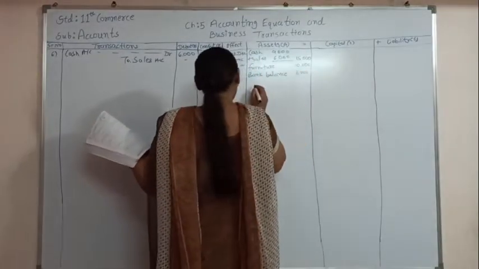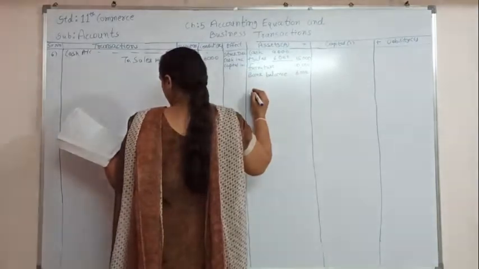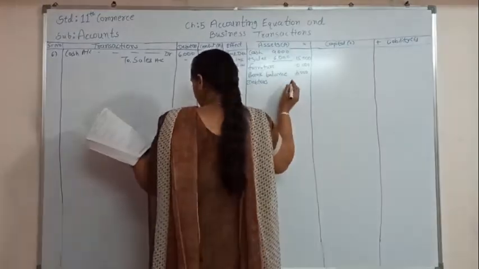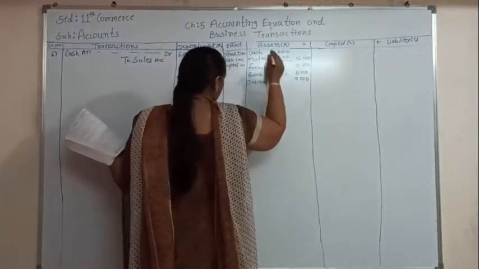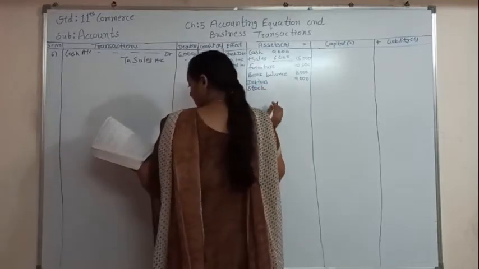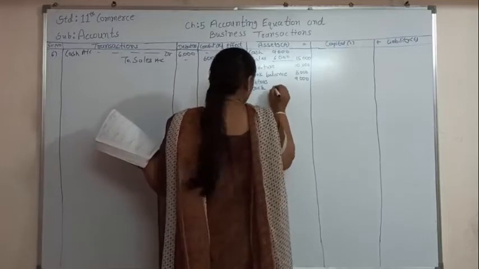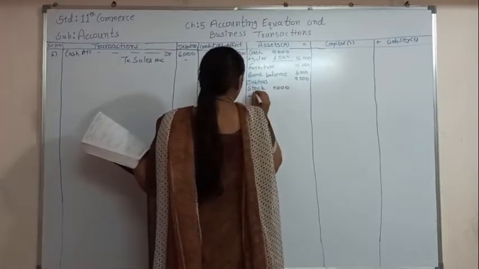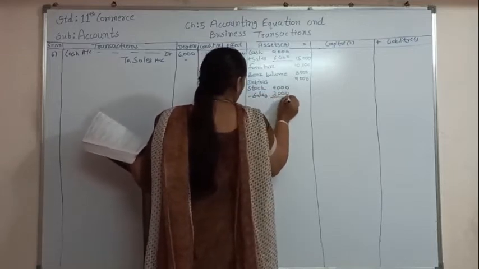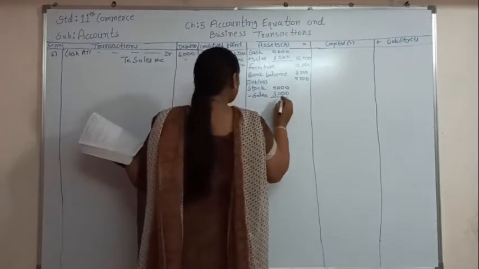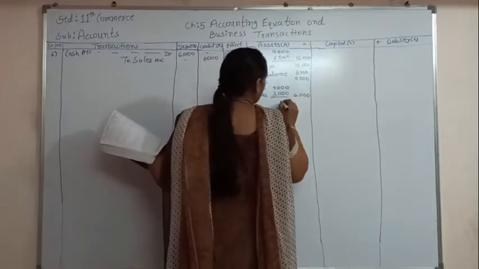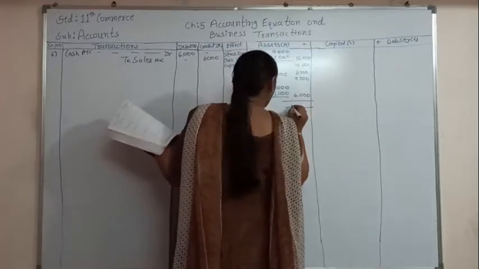And then the other asset was a receivable, that is debtors, which was of rupees 9,000. And again the next asset was stock, and from the stock we have deducted 3,000. So from 9,000 we are not deducting the sales, but we are going to deduct the cost price of the goods, and that will be 3,000. So stock is going to remain 6,000. So the total of this will be 45,000.